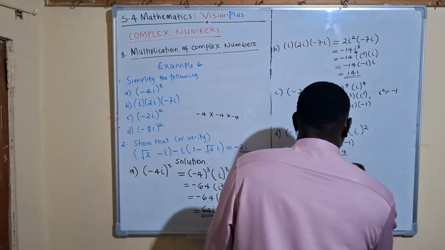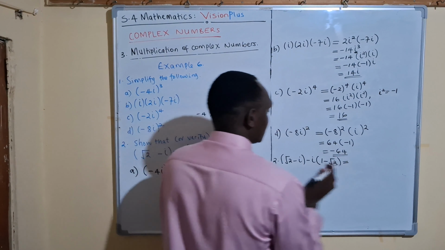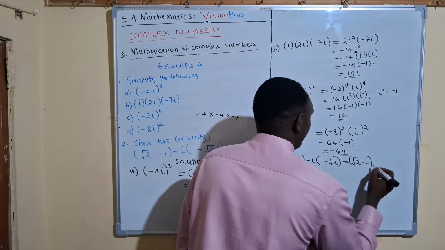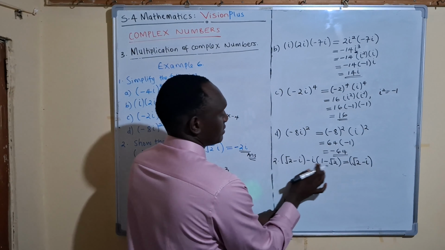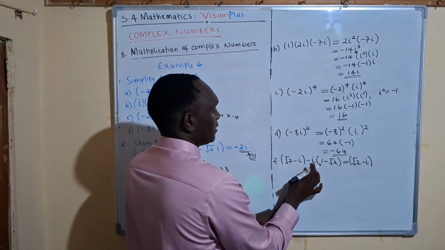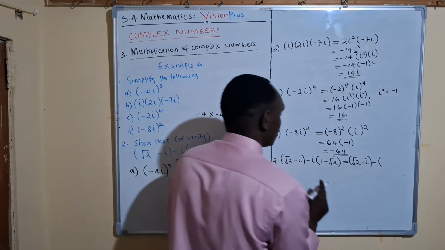So we keep this part the same, so we'll have here root of 2 minus i. Now I'm going to open this bracket here by i. So here I can have minus open bracket.